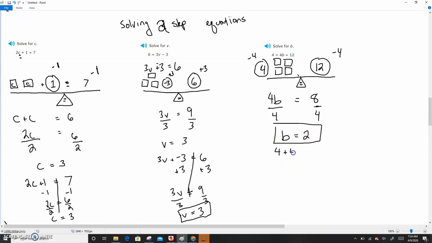Works just the same if you do it this way. Line down the middle, get rid of that 4, do the same thing over here. I have 4b equals 8, divide by 4, and get b equals 2.